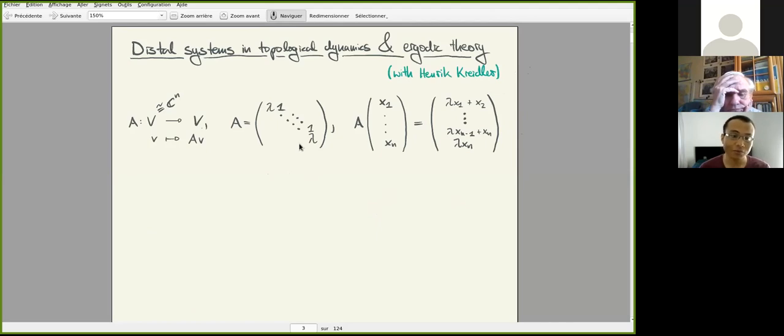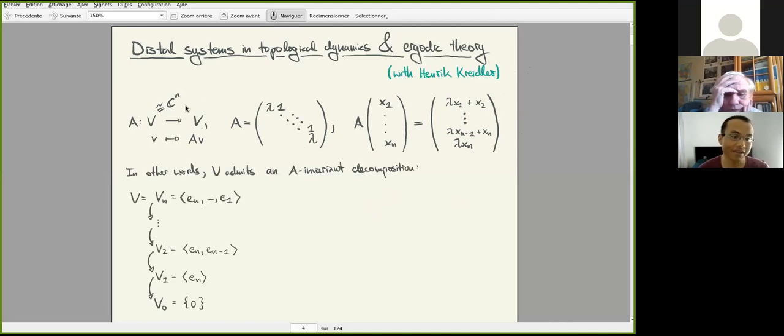And one can also rephrase this by saying, in fancy words, that this vector space admits an A-invariant decomposition, which we get by starting with the null space, and then we take this V1, which consists just of the last component. So basically, it's just the eigenvectors.